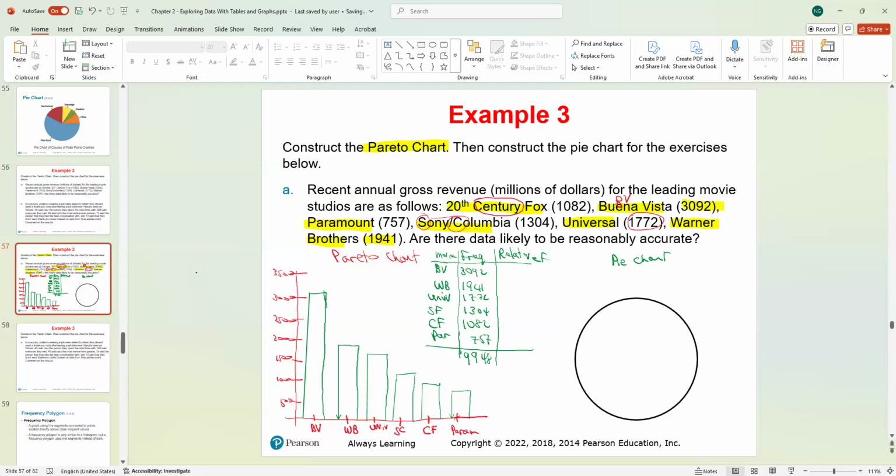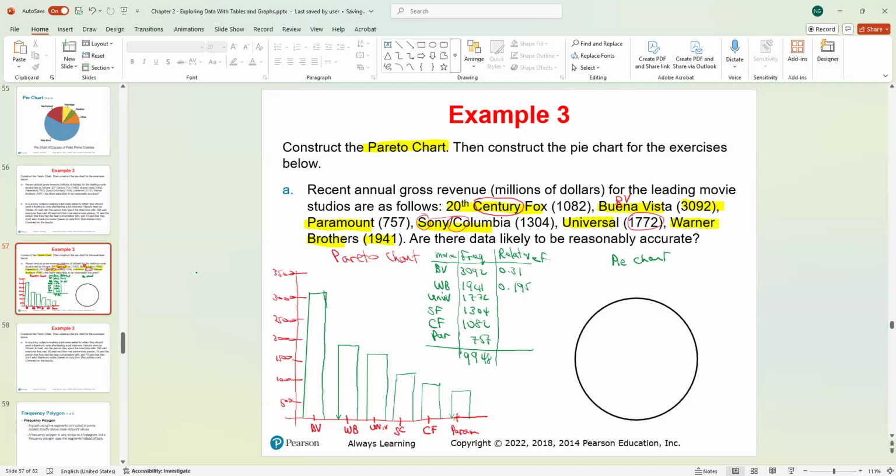So we divide each of them. 3092 divided by 9,948 is 0.31. Now the next one, 1941 divided by 9,948, we're going to have 0.195.